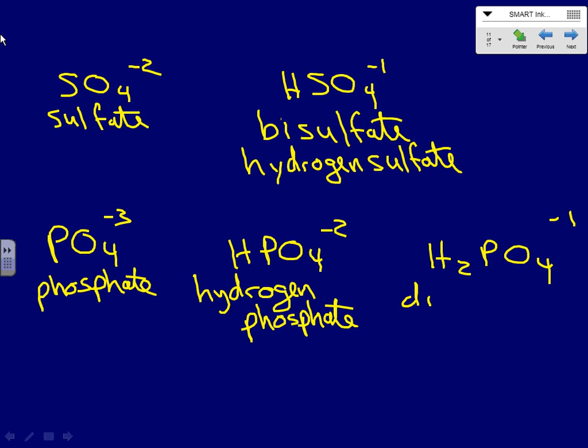This is a dihydrogen phosphate. Again, you might think that that's a big name, but it's just naming the negative chunk. When we do some examples, remember, there's always a positive name chunk and a negative name chunk, no matter how complicated that negative name chunk is. It's still naming the negative ion, all right?